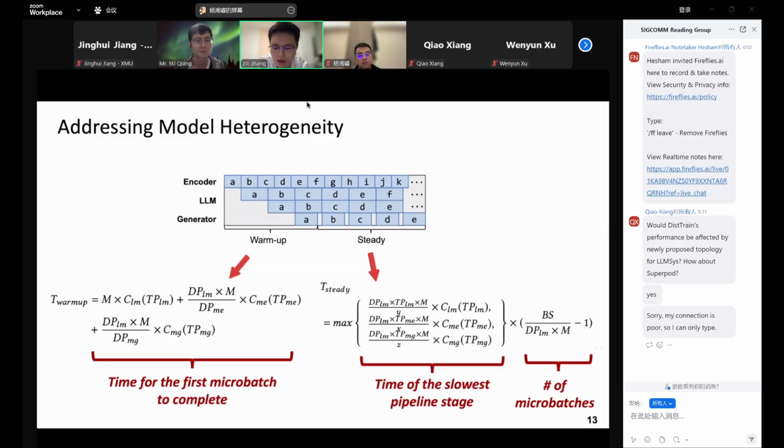Their solution is to use some algorithm to redesign the token dispatching strategy, or use some reordering in the dataset for load balance.